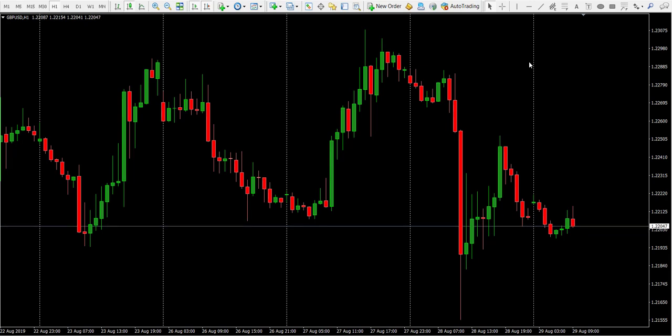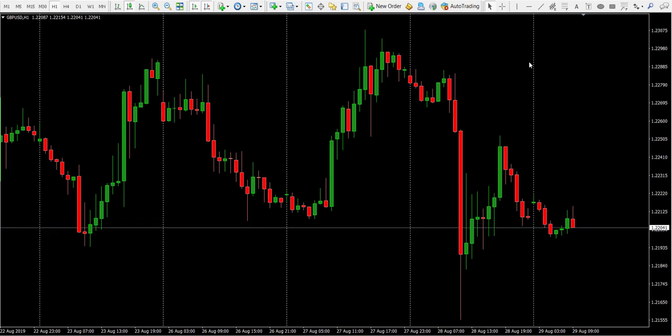As per my information, belief and experience, all the institutional traders who are trading billions of pounds, billions of dollars, billions of euros, make their trading decisions, or execute their trades, from 10 a.m. Kuwait time to 11 a.m. during the summer. In the winter it would be 11 to 12. So the candle of this particular hour is something that's very important.